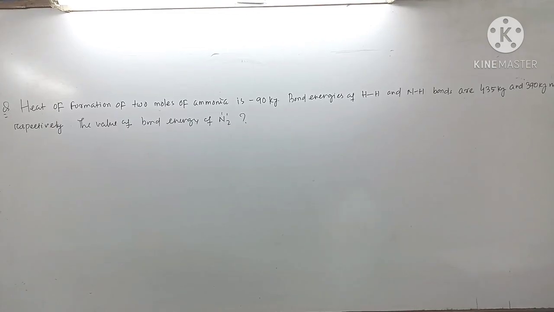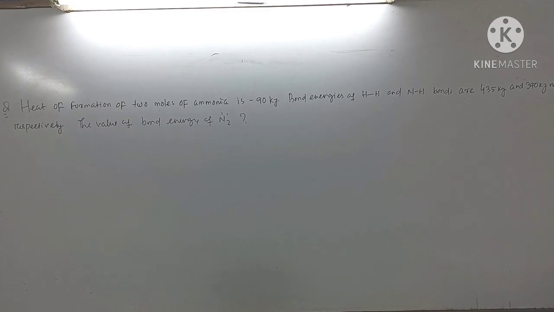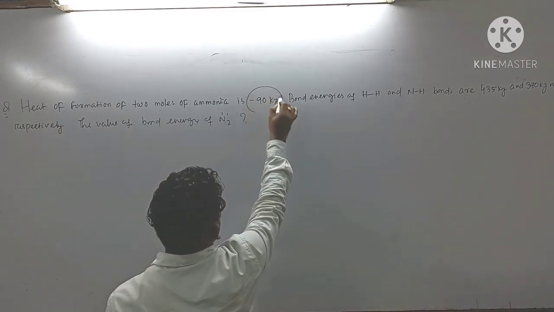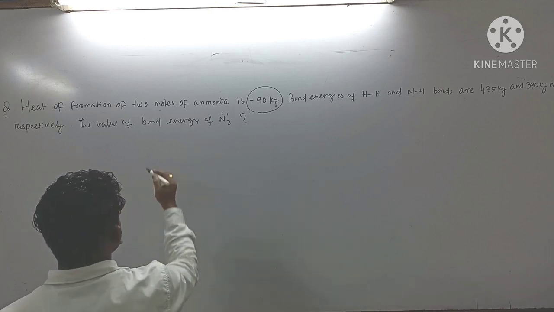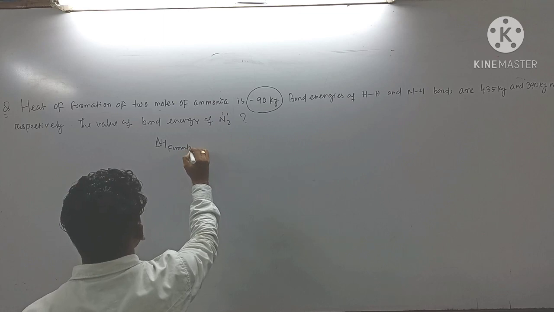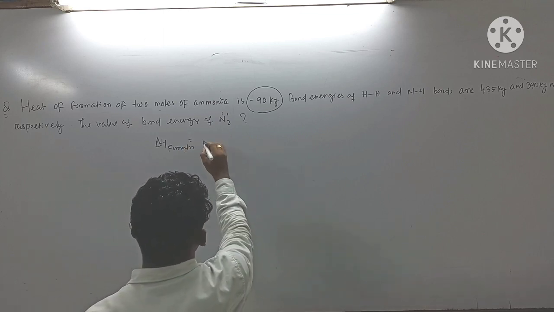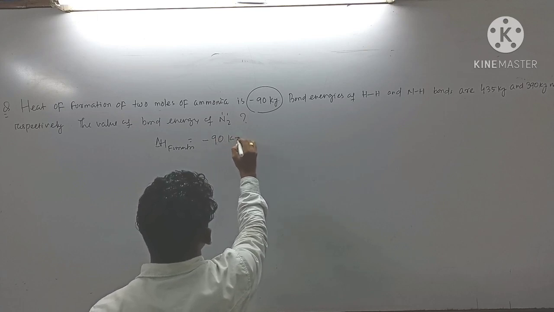So students, now this question: heat of formation of 2 moles of ammonia is minus 90 kilojoule. Clear? So del H reaction, that is heat of formation of 2 moles of ammonia, is minus 90 kilojoule.